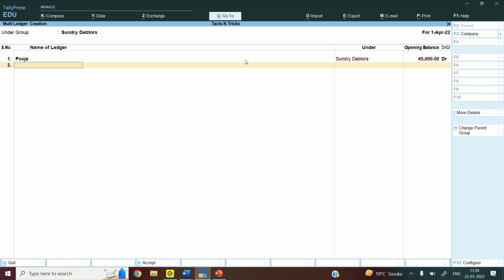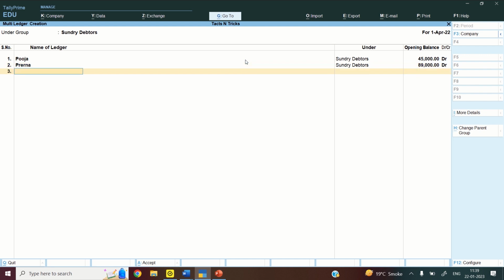Pooja is with 45,000. Prerna is with 89,000 balance. Right, so I have not written debtors as it is in the ledger, but I have prepared the debtors ledger separately because all the details are given to me separately.